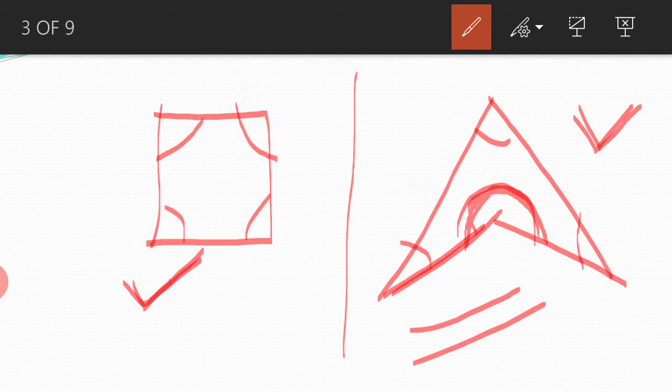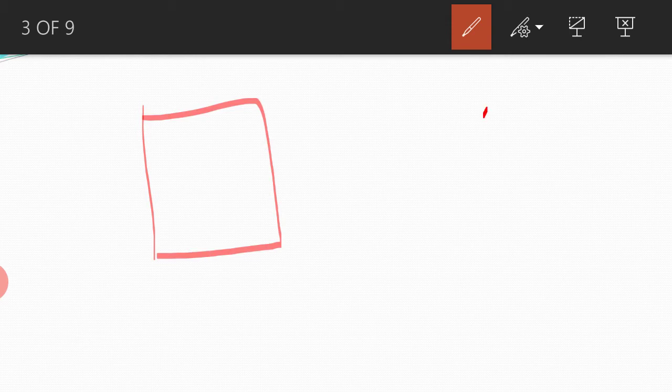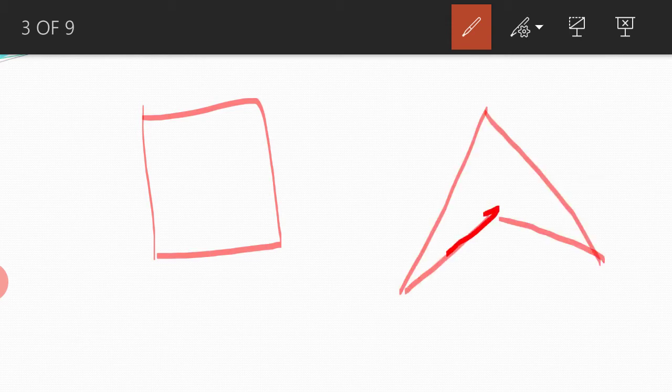Understood? There is one more criteria. Now you have identified that these are the convex and concave polygons. I'll redraw. Now I am drawing quadrilaterals, but it is true for all the polygons. Now I'll draw diagonals for this. How many diagonals are there for a quadrilateral? There are two diagonals. Are they lying inside? Are they in the interior of the polygon? So we say yes.